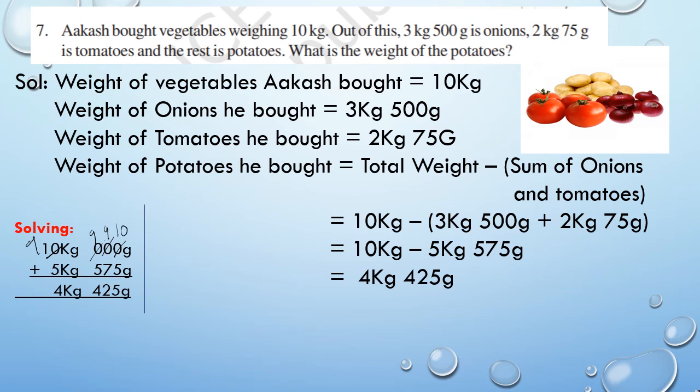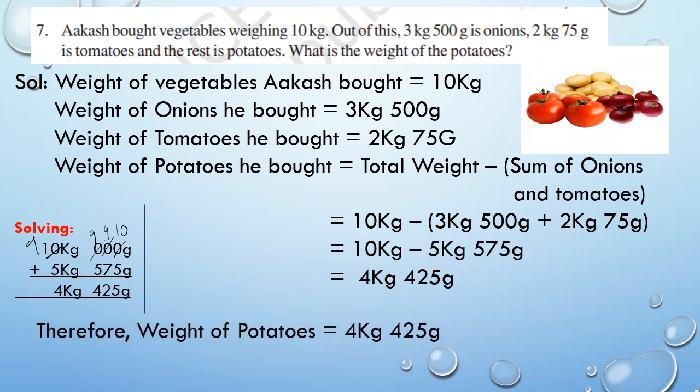So 10 minus 5 is 5, 9 minus 7 is 2, 9 minus 5 is 4. 9 minus 5 is 4 again. So what is the answer, children? 4 kgs 425 grams. So therefore, weight of potatoes is equal to 4 kgs 425 grams.